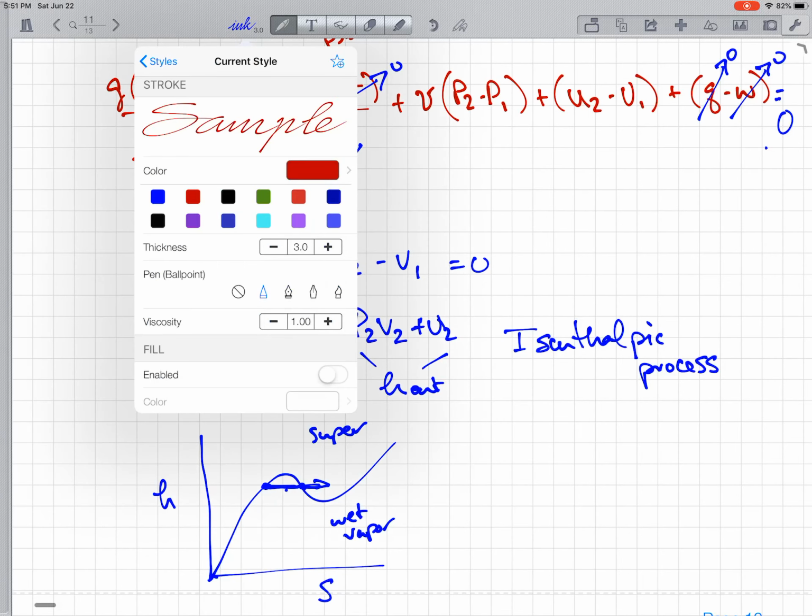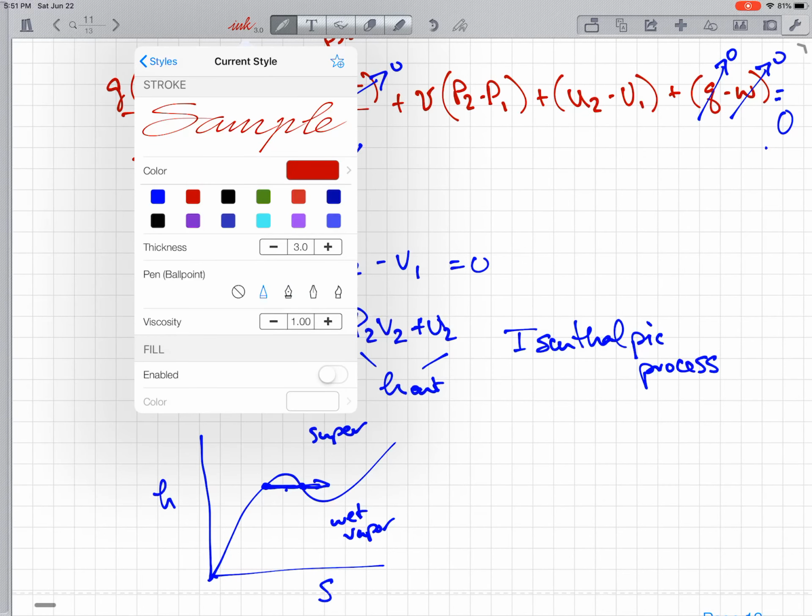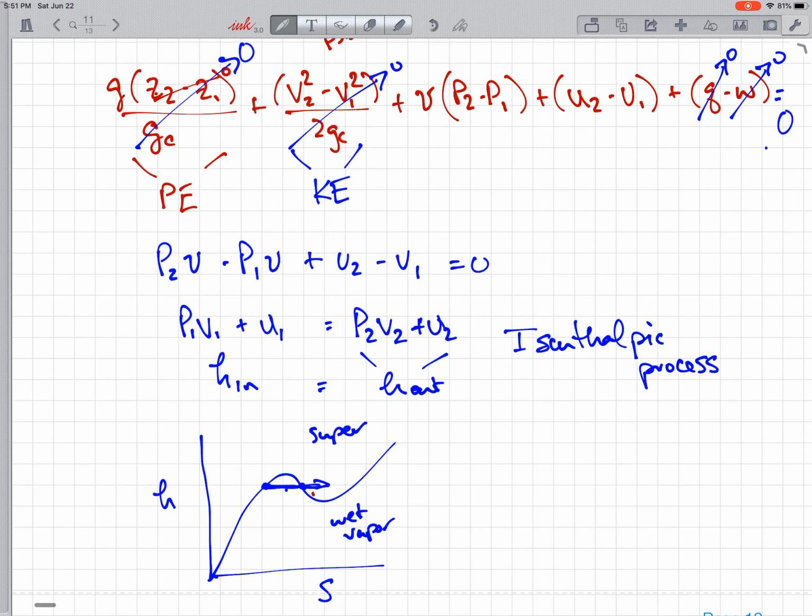Now if you recall from the Mollier diagram, the superheat curves look something like this. Okay, actually scratch that. They were something like this.